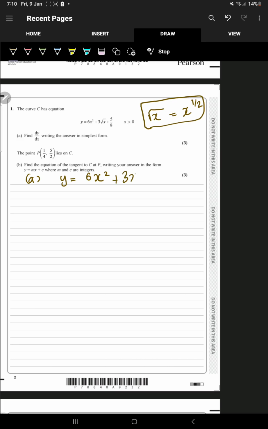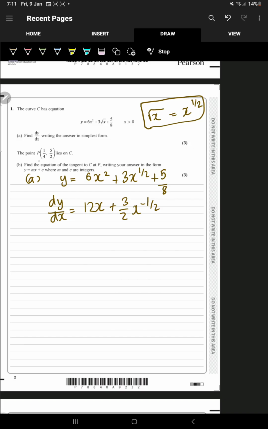So 3x to the power of half plus 5 over 8. So dy by dx is going to be 6 times 2, which is 12, drop the power of 1, and 3 times 1 over 2 is going to give us plus 3 over 2 x to the power of minus a half.